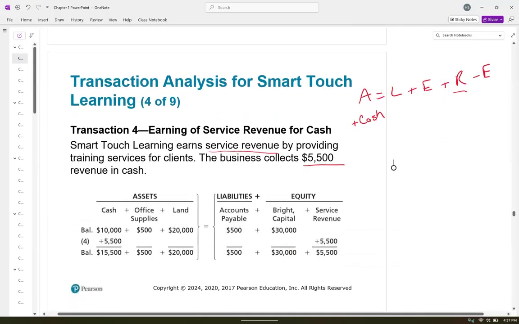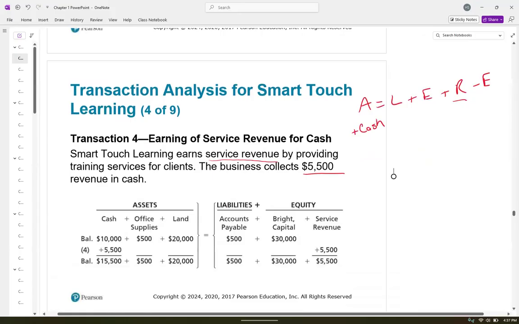See, this is why I can't draw these out because they keep adding and my handwriting would be all over the place here. So now you can see they added cash $5,500. Now we have this service revenue. Remember I told you we're going to have expenses here in just a minute.